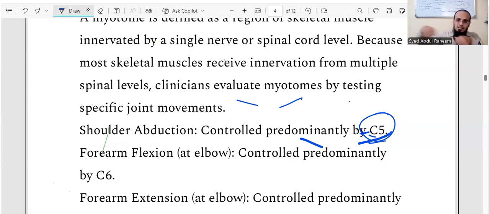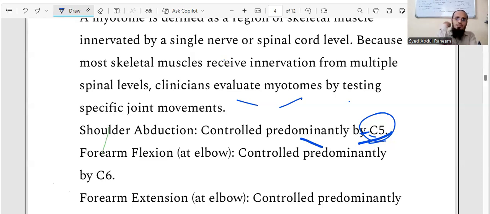And this is called extension, where your hand is moving away from the main area. Another one is flexion, which means bringing it back to the original position.